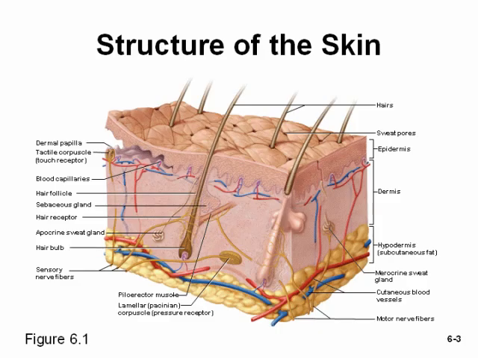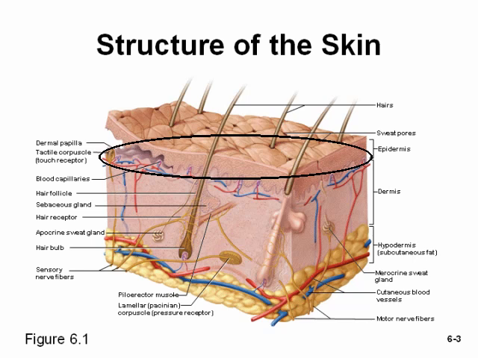Here you can see a diagram of the structure of the skin. We have multiple layers. The first layer that you should be aware of has to do with this guy right here, that being the epidermis.